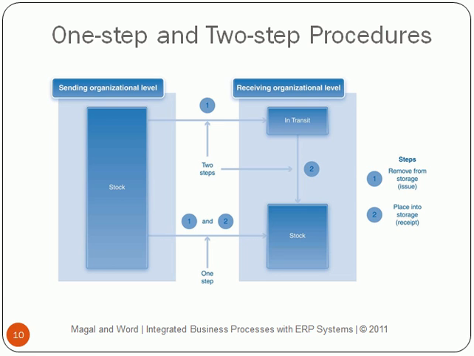Now, if you look at the upper part of the figure, you see that we have two steps. You move the stock and you have to put it in transit before moving it into the second storage. That's, as we said, because there is a time lag in moving from one storage location to the other, so it has to go into transit first before it can go into stock.